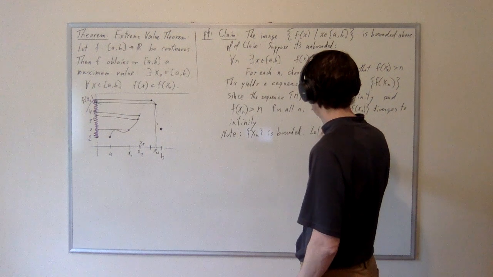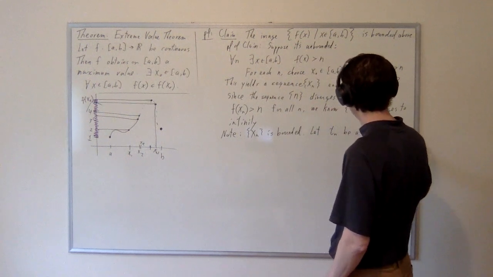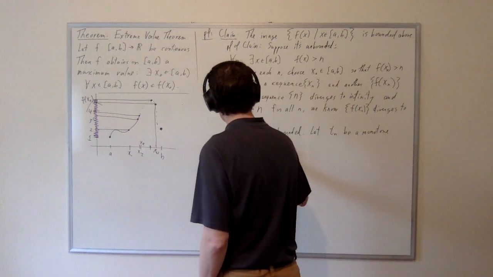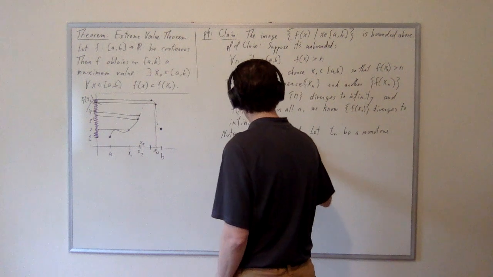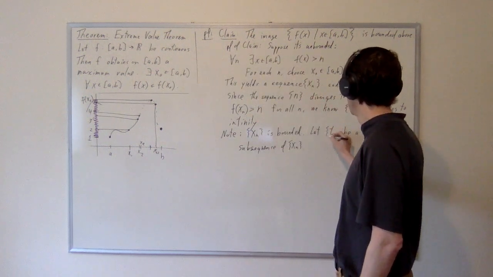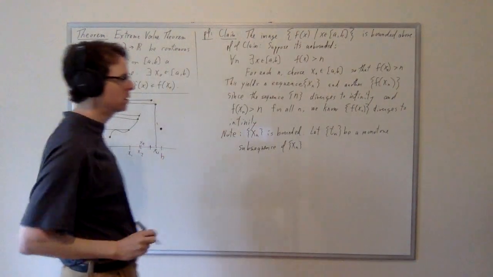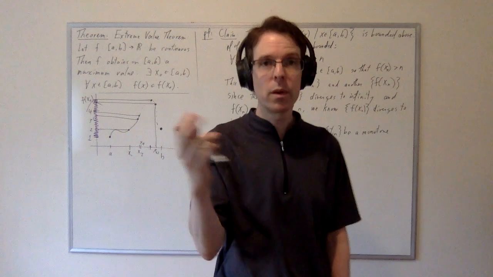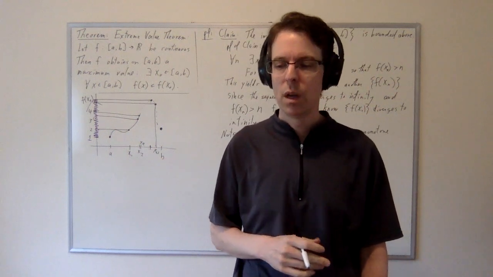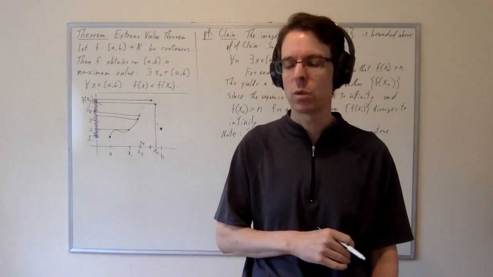So let Tn be a monotone subsequence of xn. So it's some of the xn's, but not all of them. I'm calling it T, but it still is from A to B. It's still moving around. I don't know whether it's an increasing subsequence or a decreasing subsequence, and I don't care. It's monotone. This is one of the things we proved when we were dealing with Cauchy sequences: any sequence has a monotone subsequence.